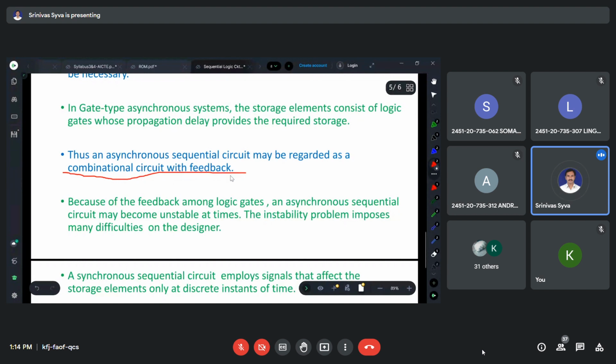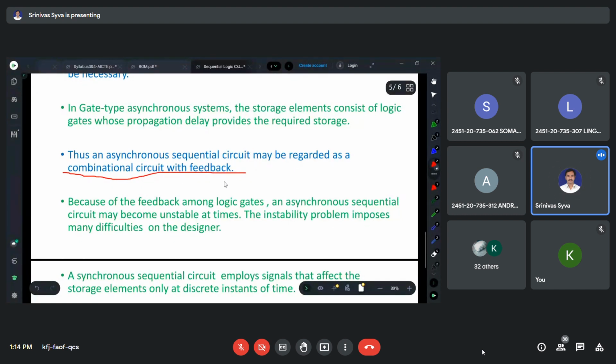Actually here there is no separate memory element. In sequential circuits we have two types, synchronous sequential logic circuits and asynchronous sequential logic circuits.